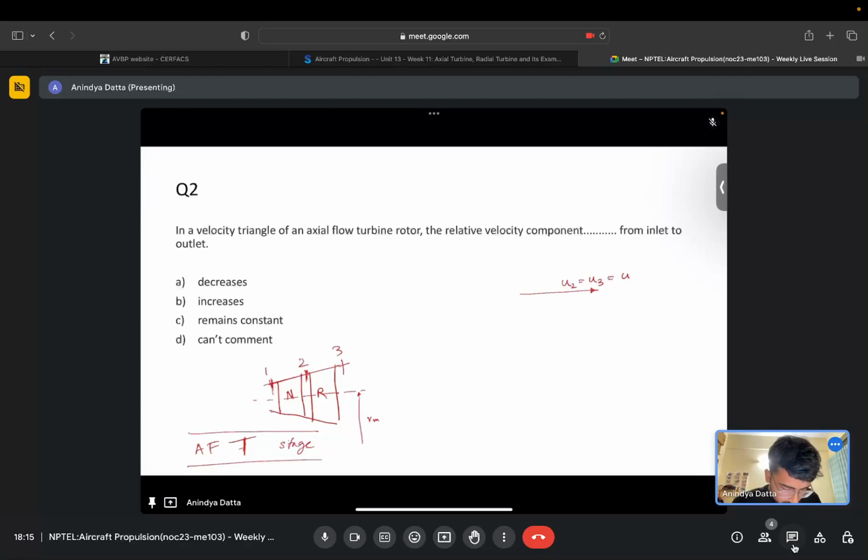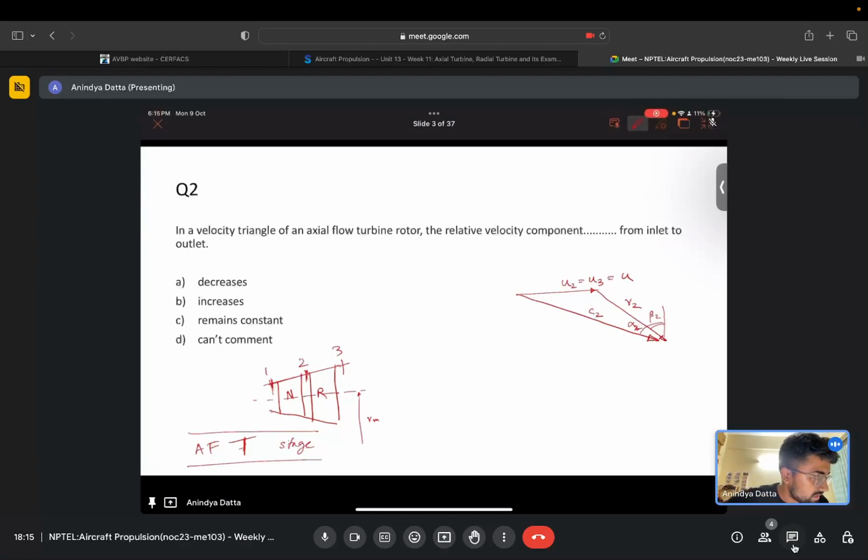Then we have the relative velocity at inlet v2, and we know u plus v gives c, so this is our c2, the absolute velocity at inlet. Then we can draw the angles: this is beta 2 and this is alpha 2. So this is the inlet velocity triangle.